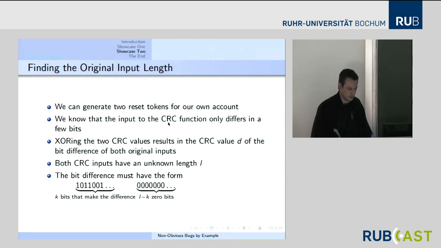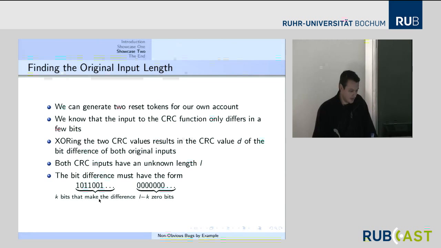Also no problem. Okay. If we XOR the two CRC values, then we get the CRC value of the bit difference of the original inputs, because that's the additive property I mentioned earlier. And we further know that both CRC inputs have the same length. We don't know the length, but we know it's the same.